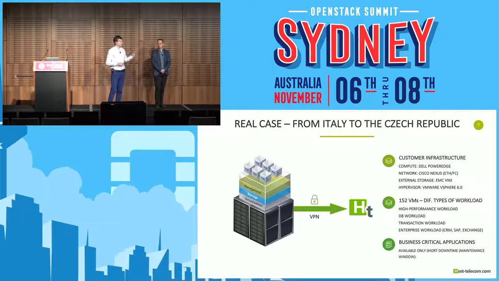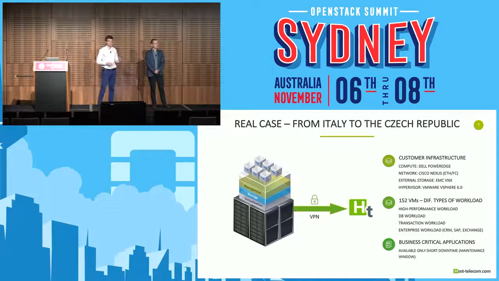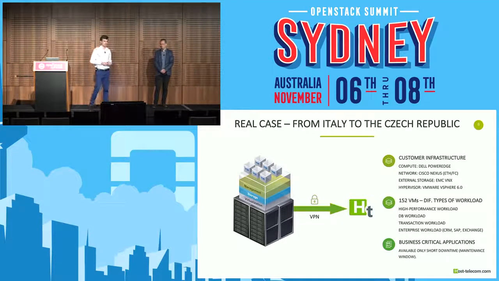They were using VMware vSphere for virtualization and had 152 VMs with different types of workloads. This includes high-performance workloads, transaction workloads, database workloads, and enterprise workloads. Some of these workloads are mission-critical and should work 24/7.